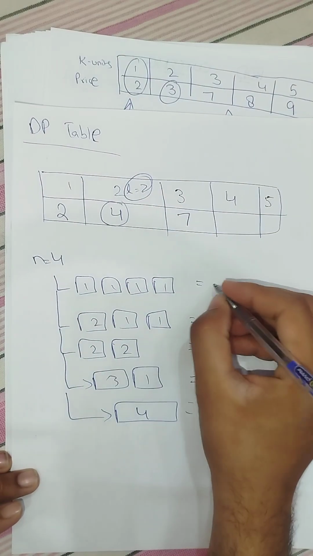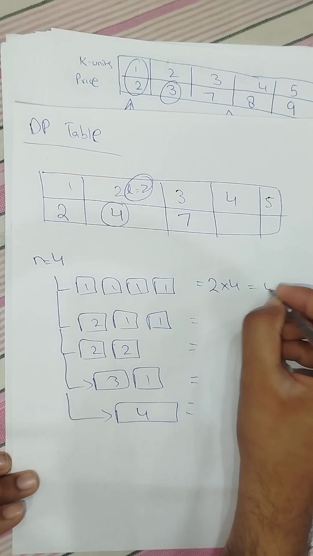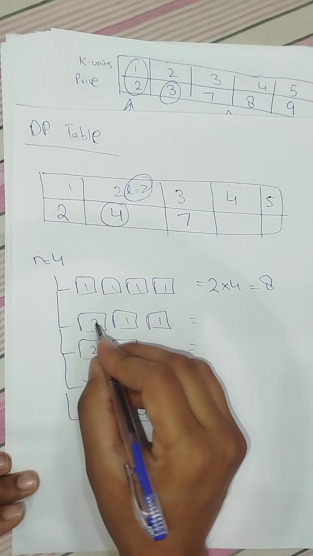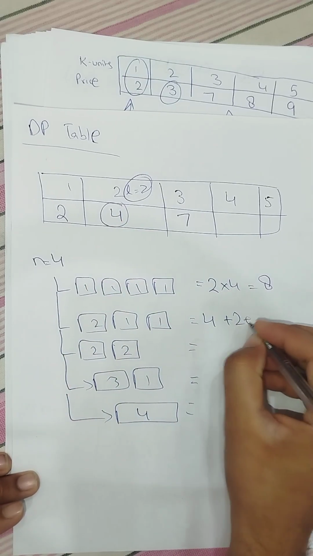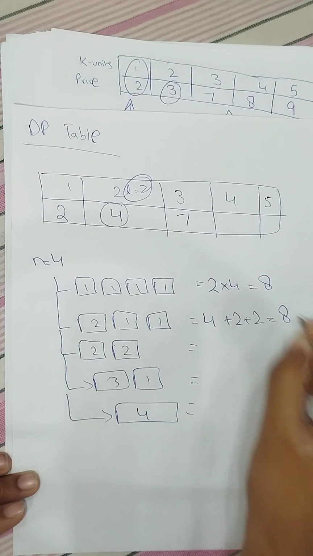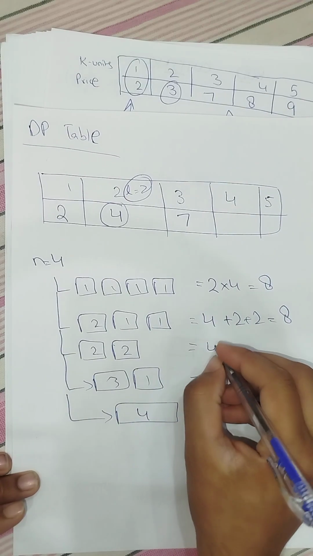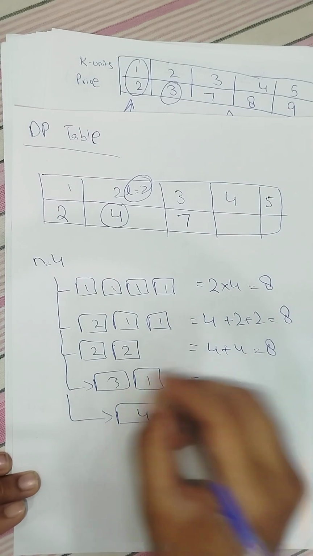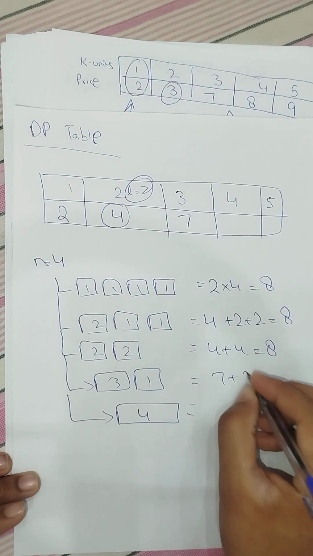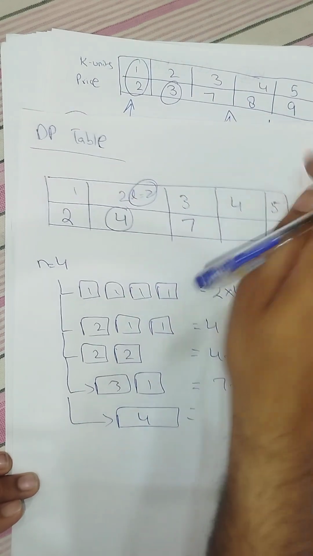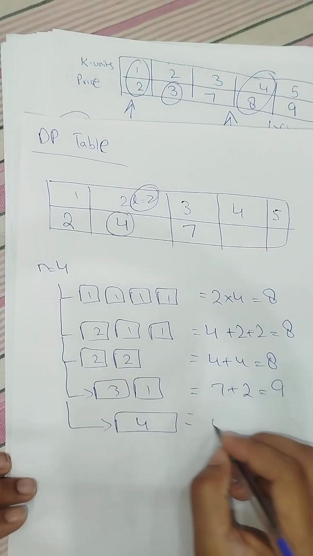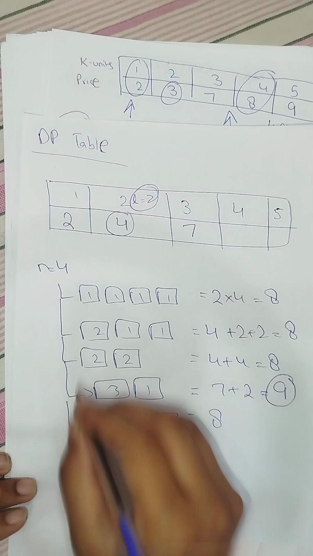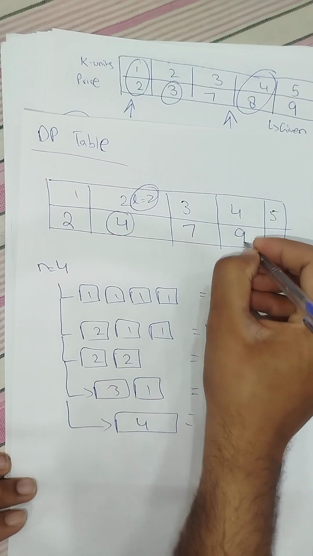For 1 1 1 1 we have 2 and we have 4 blocks, so it will be equal to 8. For this one, 4 plus 2 plus 2, here is 8 as well, and here 4 plus 4 is equal to 8, 3 1 is 7 plus 2, 9, and for 4 we go by this price chart, which is 8. So the maximum is 9, and in the DP table we can fill up 9.